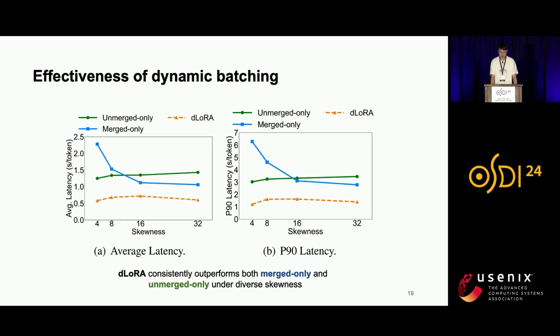Subsequently, we conducted an ablation study to investigate the effectiveness of each technique. Firstly, within a replica, compared to merged inference and unmerged inference, dLoRA better balances the trade-off between computational overhead and queuing delay. Under varying levels of skewness in request distribution, it consistently achieves superior performance.